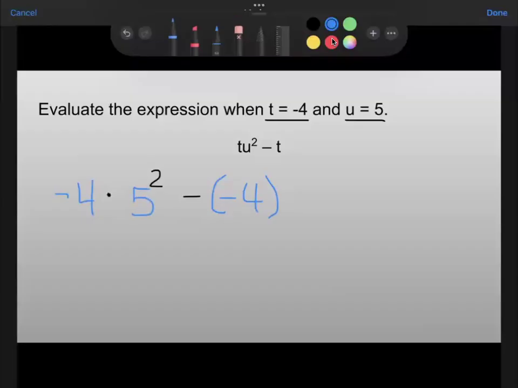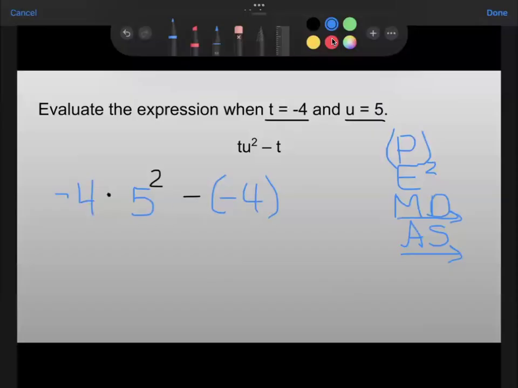Okay, so we definitely have multiple operations here. So I'm going to go ahead and write out PEMDAS so I know what I need to do first. Parentheses, exponents, left to right, left to right. Okay, so even though in this expression we do have parentheses, those parentheses are just calling out to us that this is a negative number.